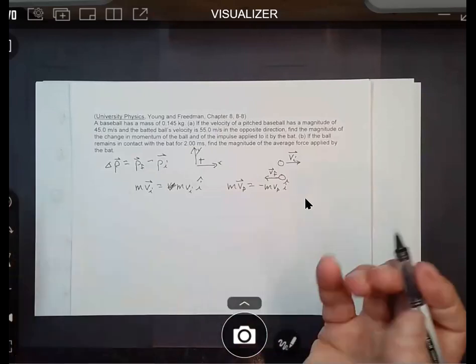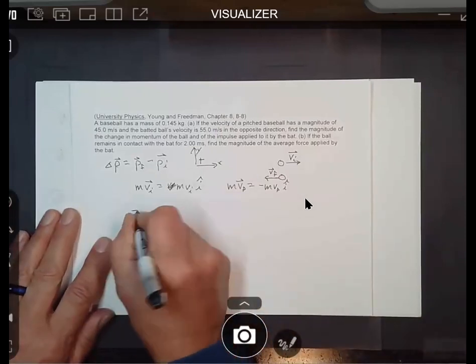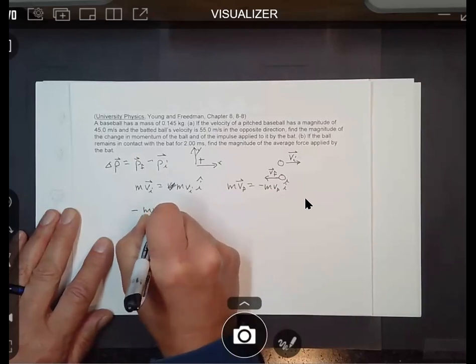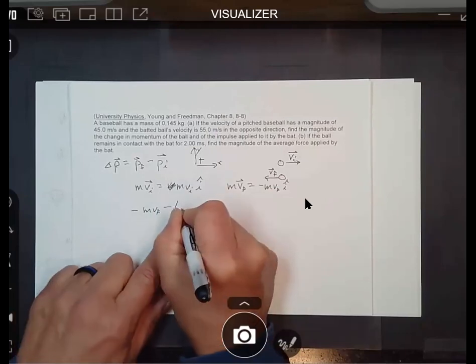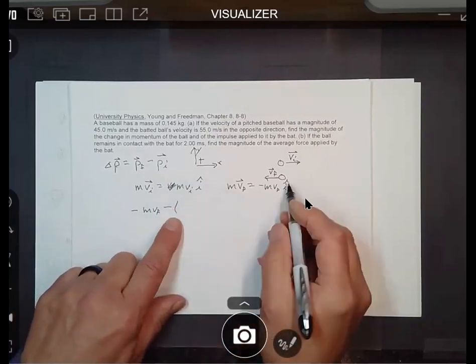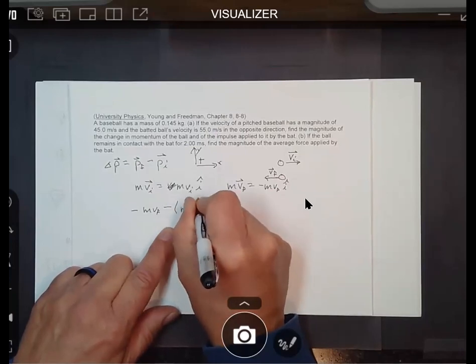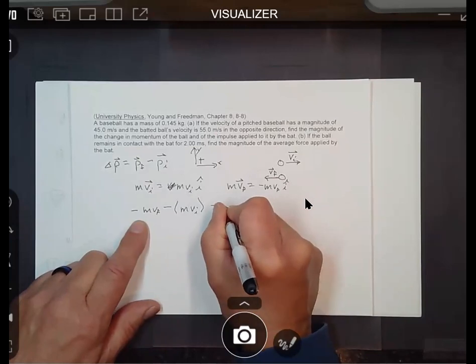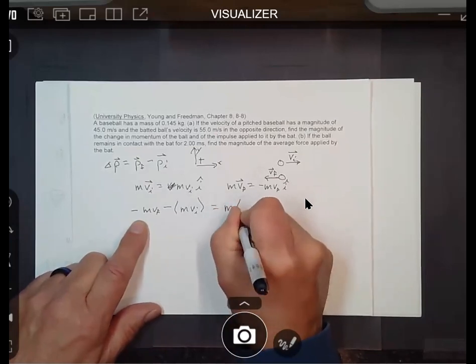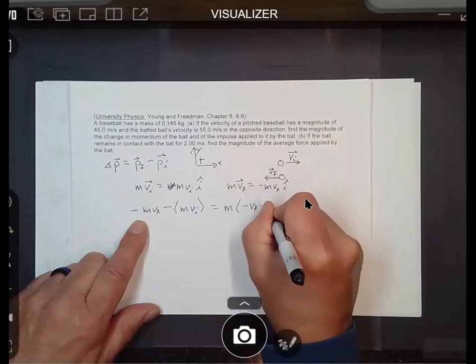I can turn this to a scalar equation. It'll be that minus mv final, that's the final momentum, minus the initial momentum, which is mv initial. And what I'm going to end up with is the mass times minus v final minus v initial.